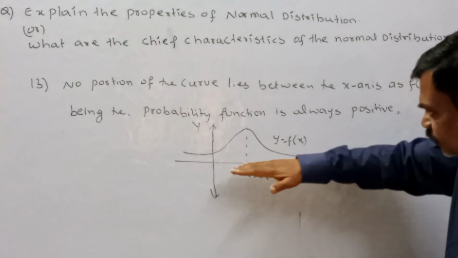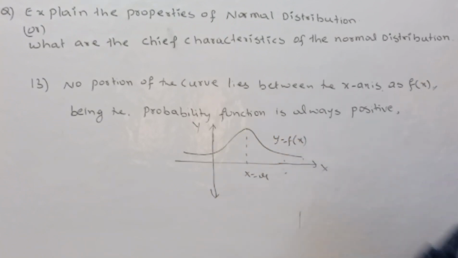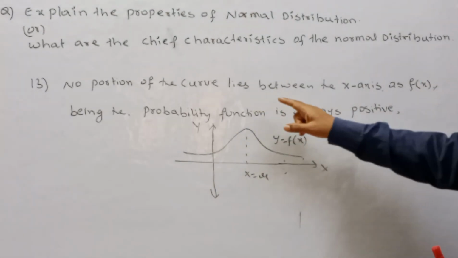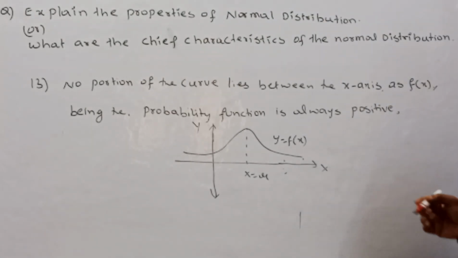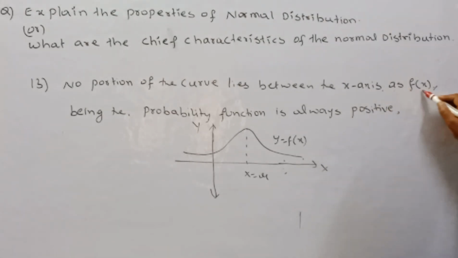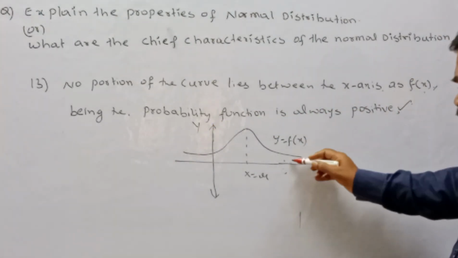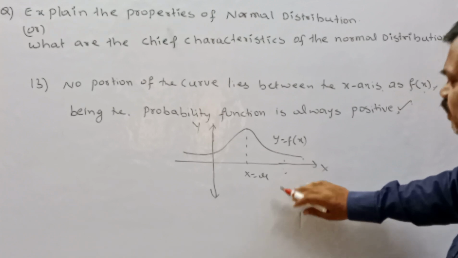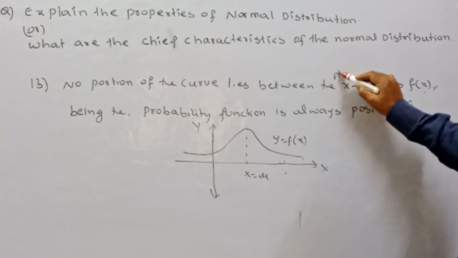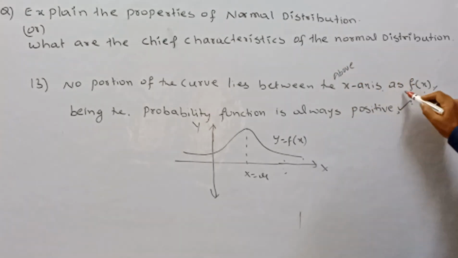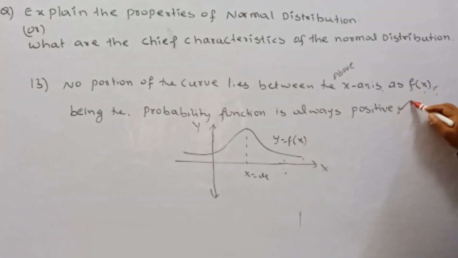You observe here the x-axis: the curve is above the x-axis, not below the x-axis, as f of x, being a probability function, is always positive.